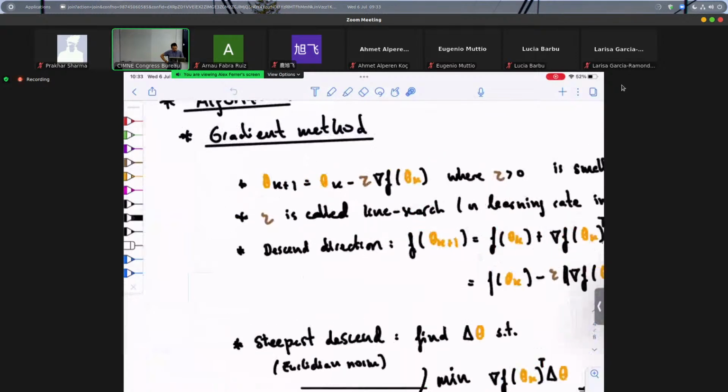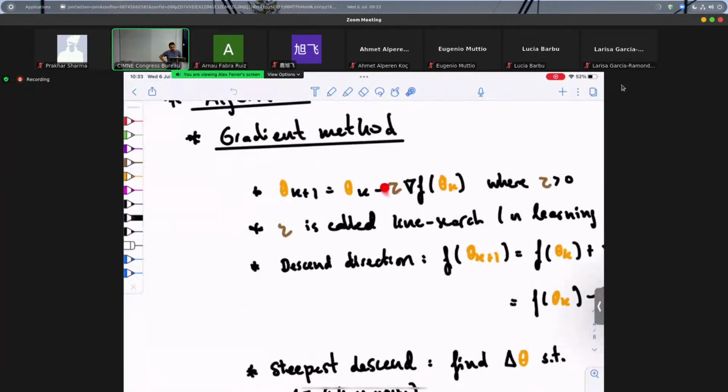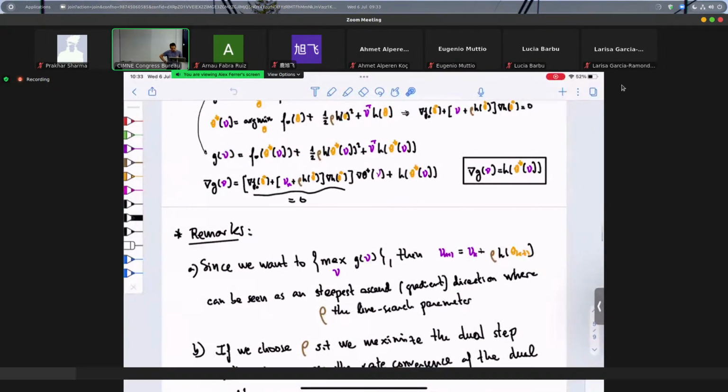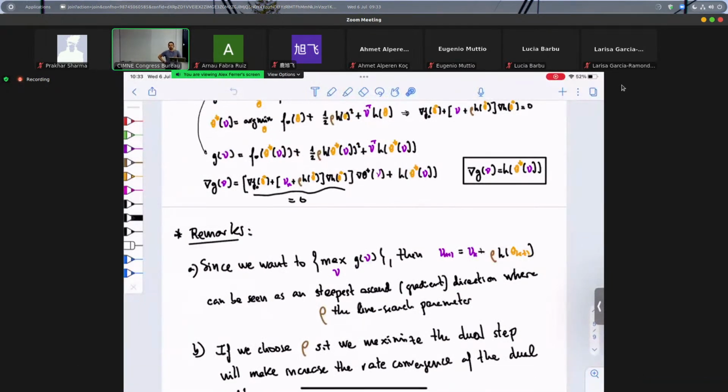Here. You see? You remember tau, the line search? I put it in brown. So rho is the line search for the dual. So we have an interpretation for it.